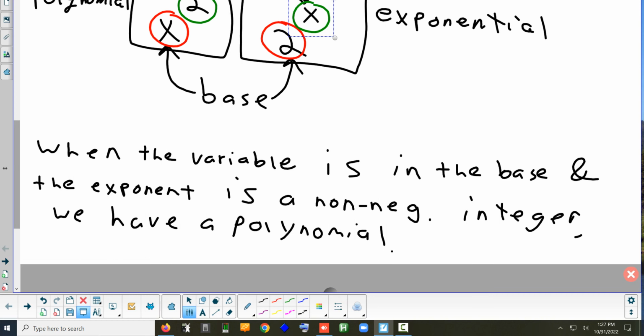And I'll tell you what that is in a minute. But first, that's describing the kinds of things that we've studied before. When you have a variable in the base, and the exponent is an integer that's not negative, that's a polynomial.